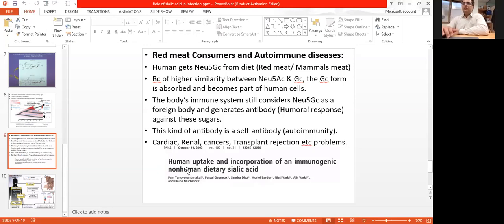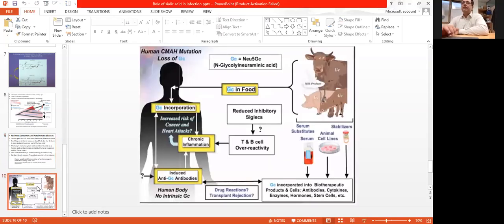You can also go through this particular paper, human uptake and incorporation of an immunogenic non-human dietary sialic acid, where you can get very important information about the sialic acid. And this is a diagram showing all this that we discussed here. These are the animal species on the right side.